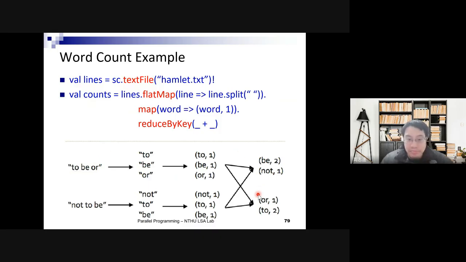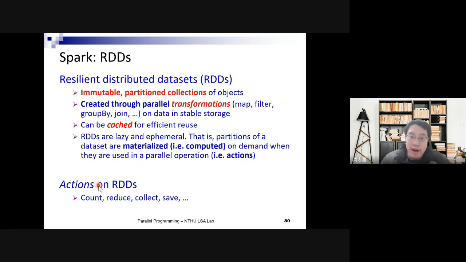Okay, so those data sets managed by Spark are called the RDD, Resilient Distributed Data Set. And it has this name because this data set is just like the Hadoop file system. The data set is partitioned. And well, it's not replicated because it's just temporarily stored data.